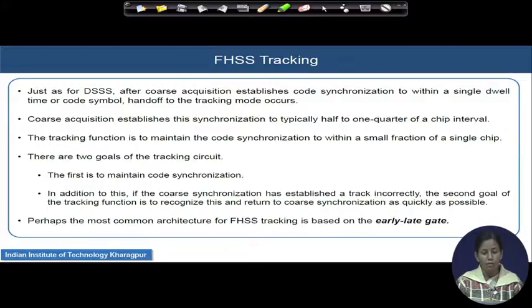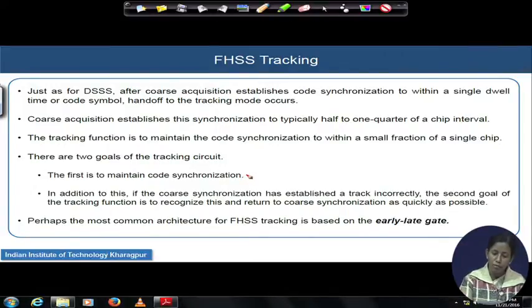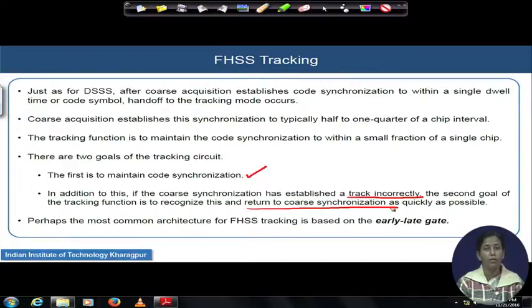So, the goals are twofold. The first one is to maintain the code synchronization, both the coarse as well as the fine. In addition to this, if the coarse synchronization has established a track incorrectly, the second goal of this tracking mechanism is that it will identify this and return to the coarse synchronization as quickly as possible.